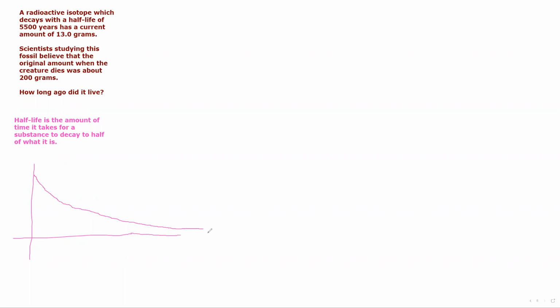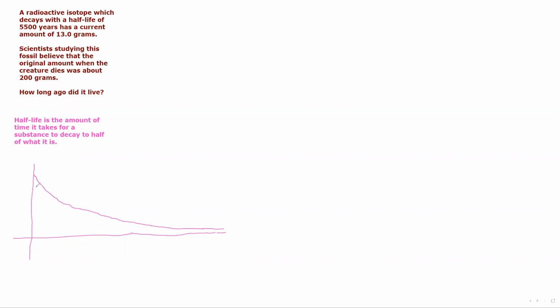A half-life. Half-life is the amount of time it takes for a substance to decay to half of what it is. You see, radioactive isotopes follow a decay model where whatever amount there is, it's going to gradually taper off. And it's never going to technically hit zero, but it's going to approach zero after you get long enough out here.